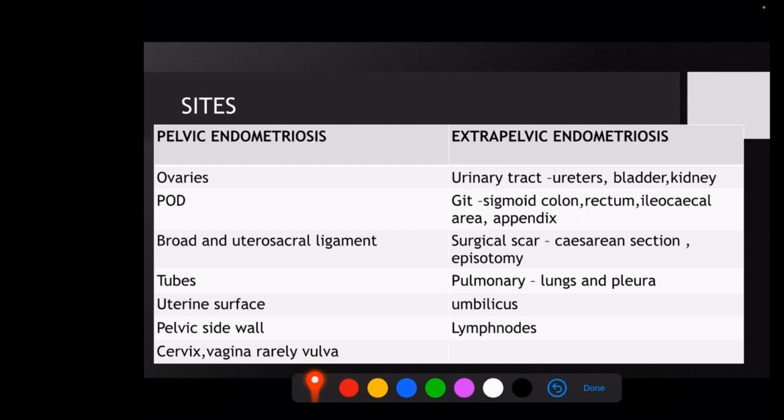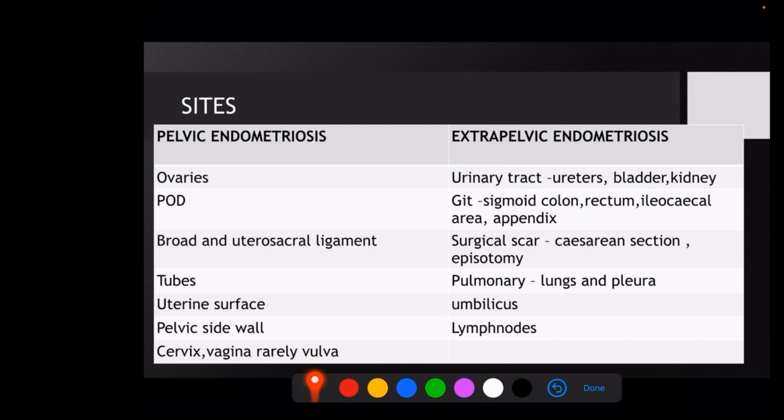Cul-de-sac is the lowest portion of the peritoneal cavity. Then the peritoneum over the anterior and posterior surface of the uterus, pelvic side walls, tubes, broad and uterosacral ligaments, and also the deposits may be seen on the cervix, vagina, and very rarely vulva.